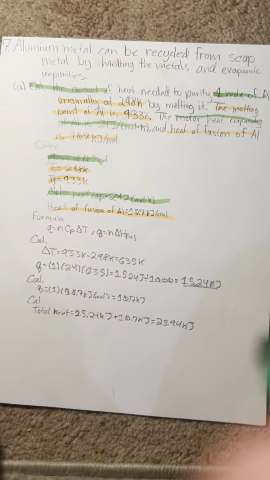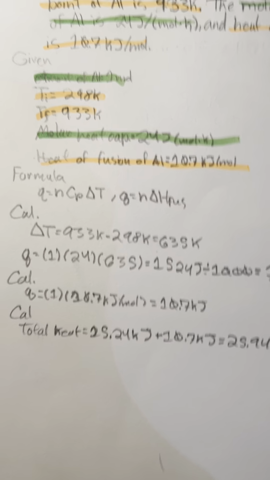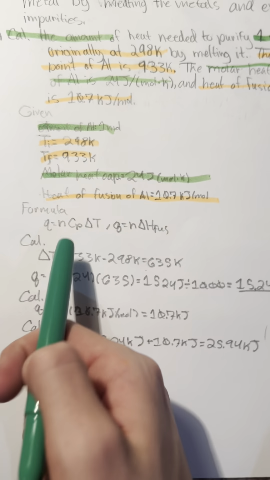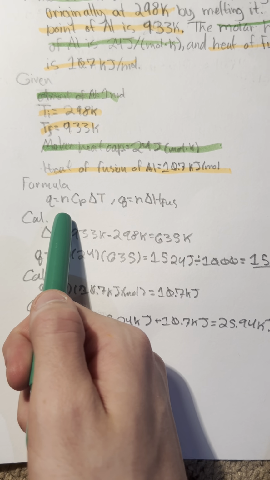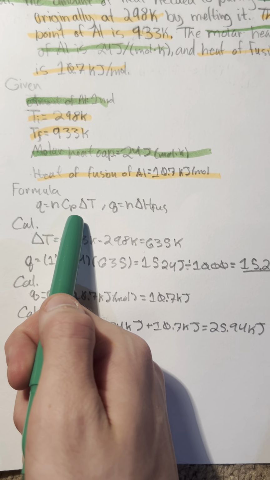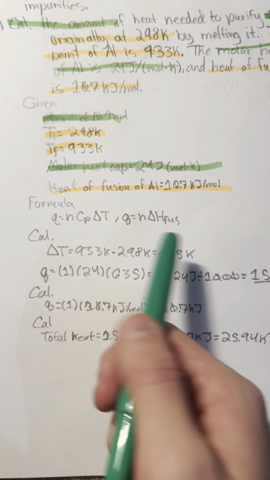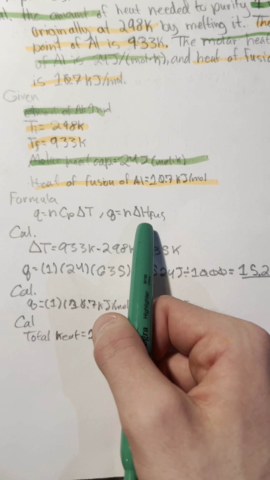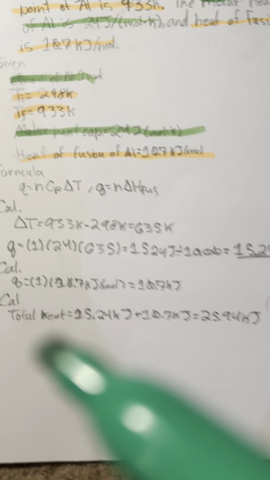I've just color coded. Okay, so from all this information, the two useful formulas are Q equals n Cp delta T, and Q equals n delta H.